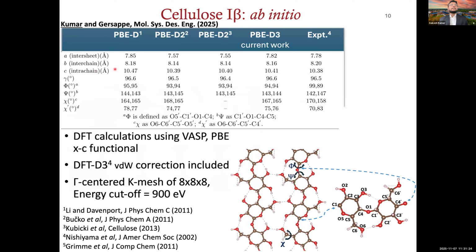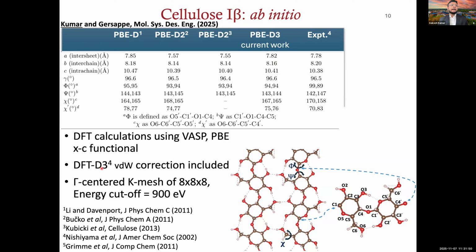The calculations that we carried out match really well with the experimental values, for example lattice parameters, as well as the glycosidic torsional angles. These are also very important to describe the mechanical behavior of cellulose. And so these are the results.